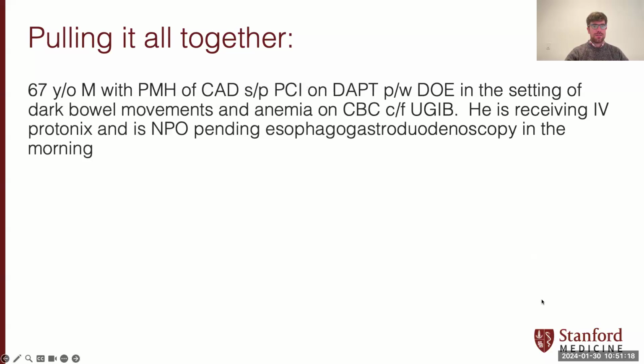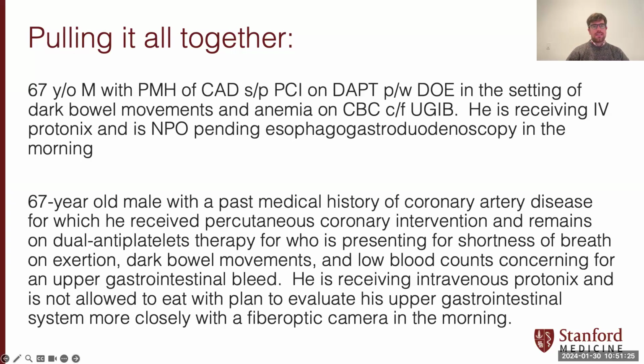So this next one was one where it is a lot of reading between the lines. So this is a 67-year-old male with a past medical history of coronary artery disease, for which he received percutaneous coronary intervention. So this is when they go in with basically a long flexible tube that goes all the way up to the blood vessels in the heart and opens them up.